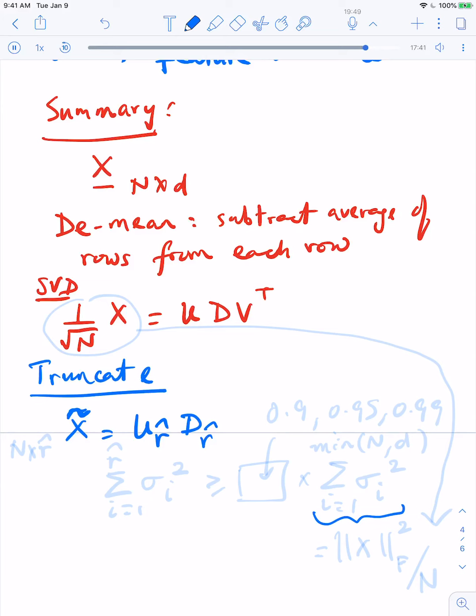You might truncate based on saying, I'm going to take the summation i equals 1 to r hat of sigma i squared. Pick r hat to be the minimum such that this is greater than or equal to some fraction, which could be 0.9, 0.95, 0.99, whatever it is, times the sum over the entire thing.